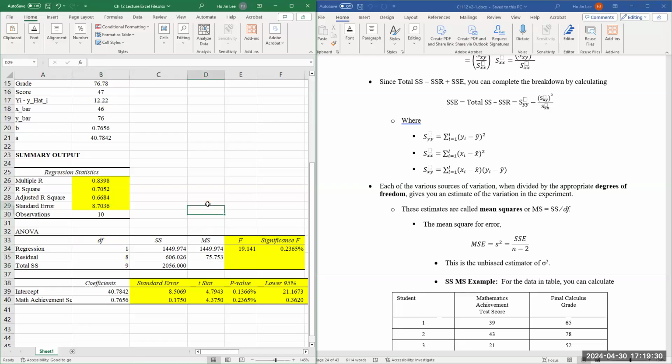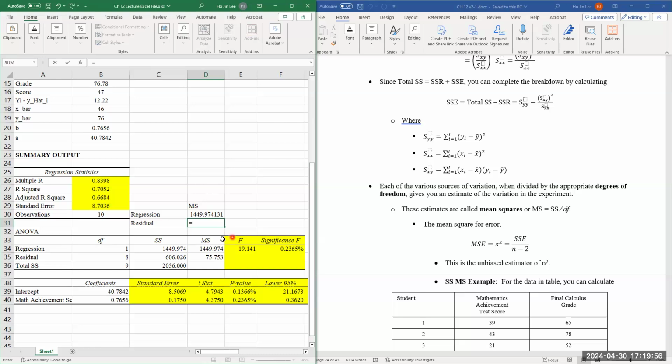Let's calculate that right above it. We'll do regression and residual. Mean square regression is SS regression divided by degrees of freedom. There it is. That's the same as that, because it's just divided by 1.